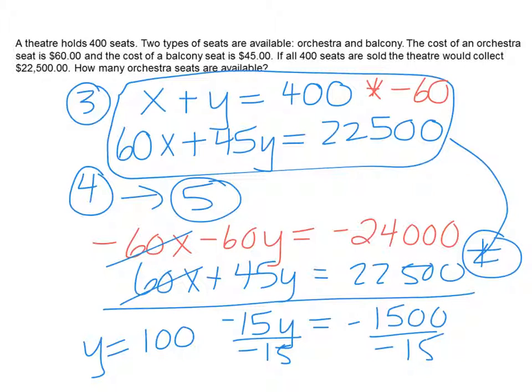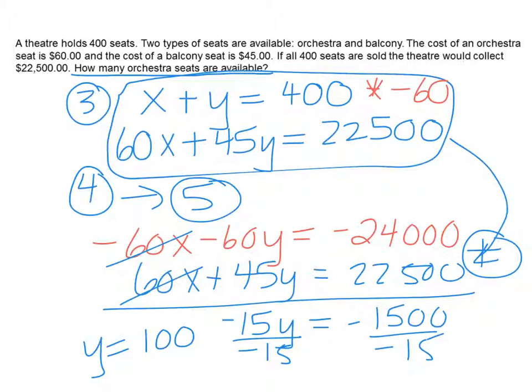Now, looking at this, it wanted to know how many orchestra seats are available, and that actually happens to be my x variable, not my y. So what I'm going to have to do is go through and substitute. My y is equal to 100.